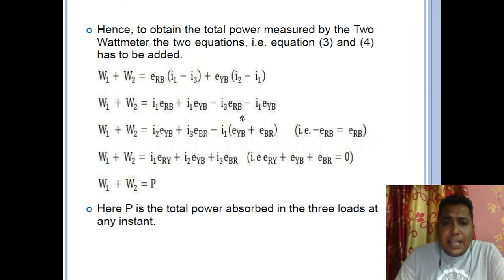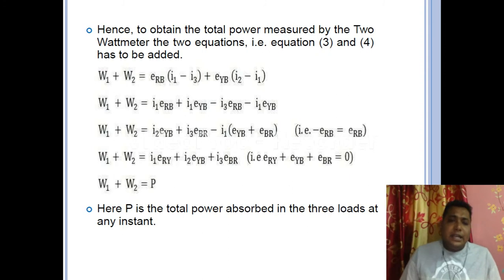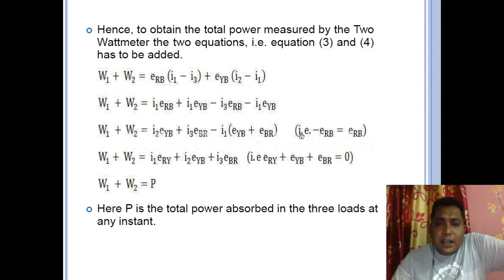Here, as we can see, we just place the values, multiply, then take the positive component one side and the negative component one side. Then we have changed this minus ERB to plus ERB, that is actually the phase shift only.